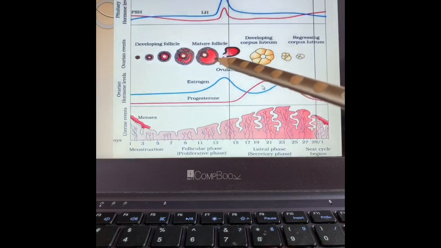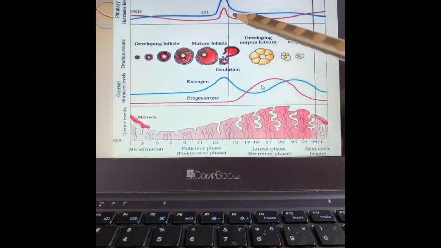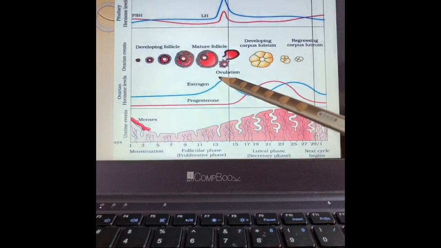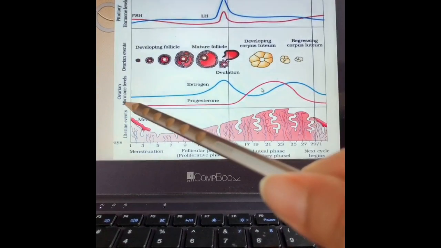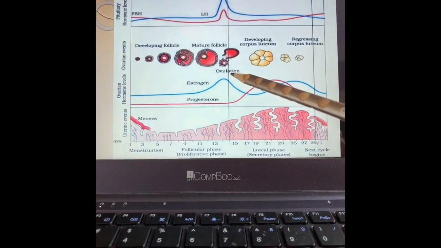And after the follicle matures, there is a rise in LH, that is luteinizing hormone, which causes a rise in estrogen secretion by the ovary, and that results in ovulation.